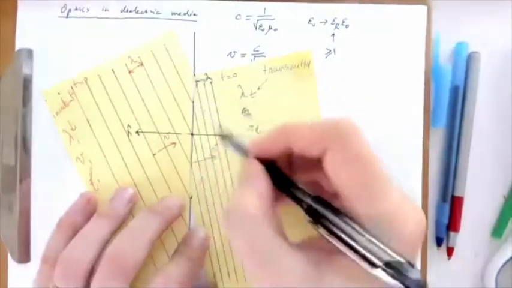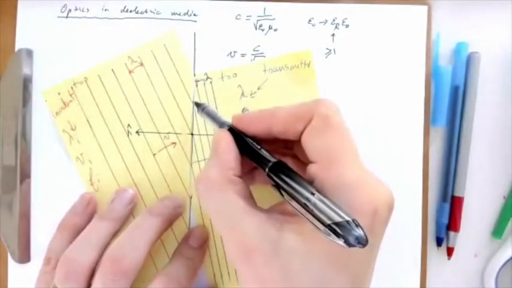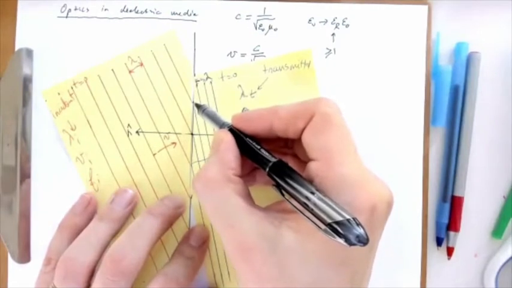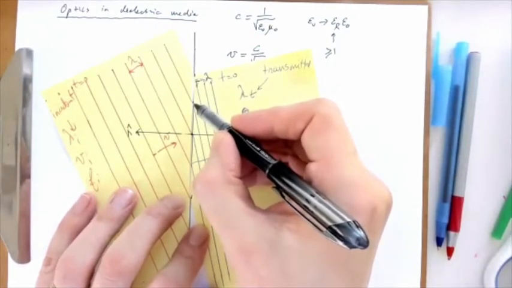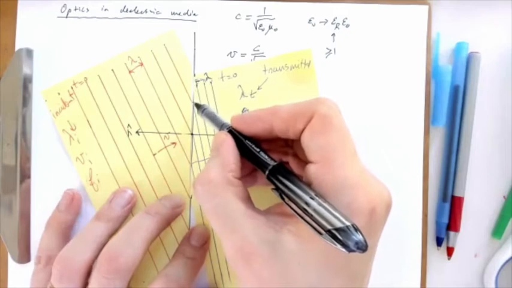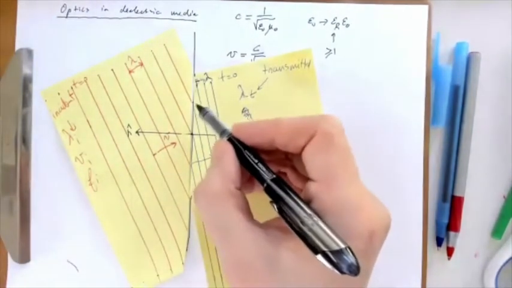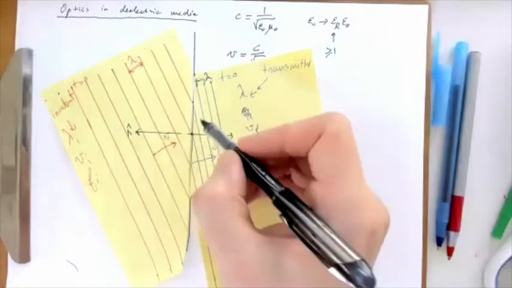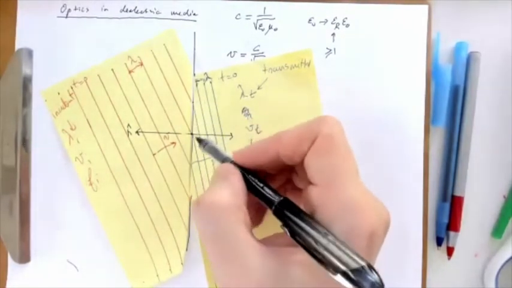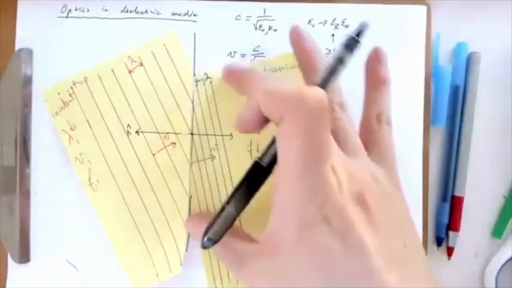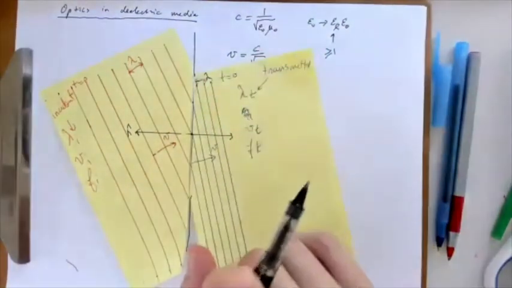So for posterity, when this line hits this boundary, there's a null here. So the electric and the magnetic field are 0, and we require that the electric and magnetic fields are continuous, which means if it's 0 on this side, it's also 0 on that side, which means that we accommodate for that by changing the angle.